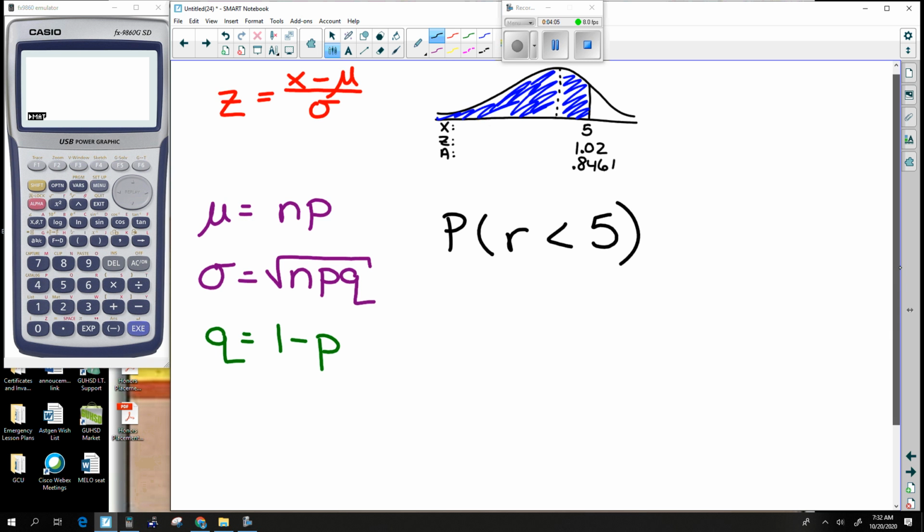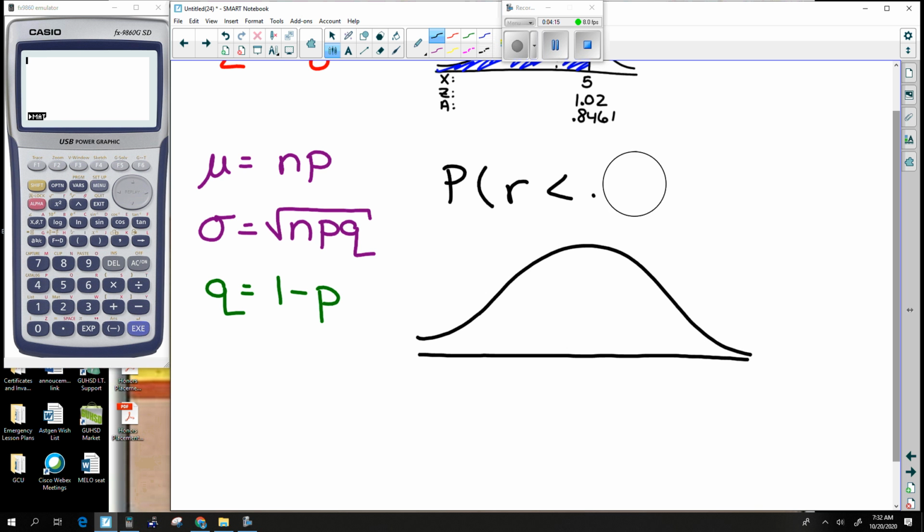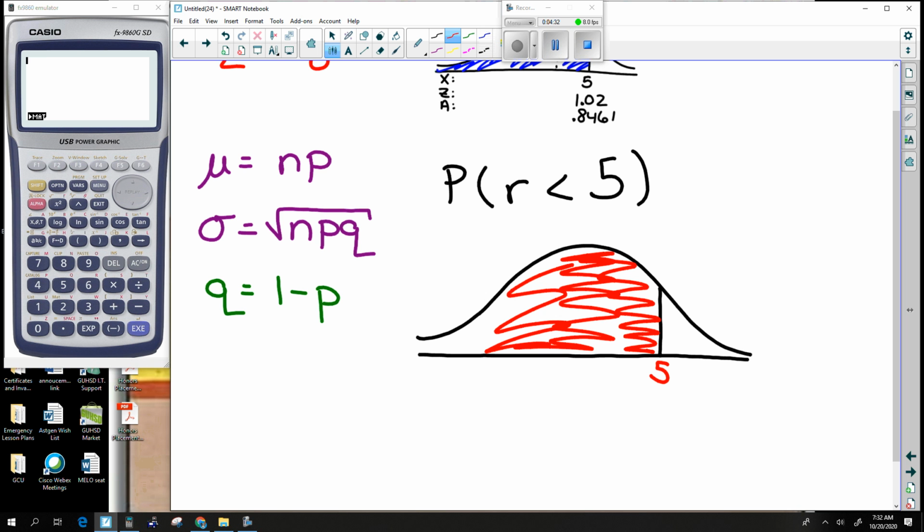And so this is a curve. So before, what we were dealing with is we have this value of 5, and we find everything left of 5, and everything's all good to go.